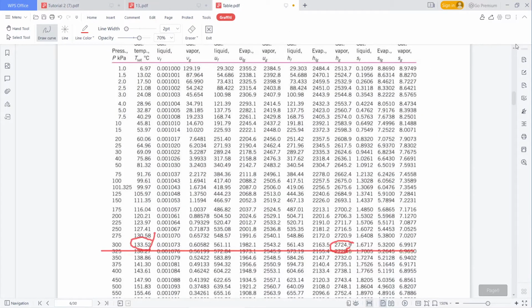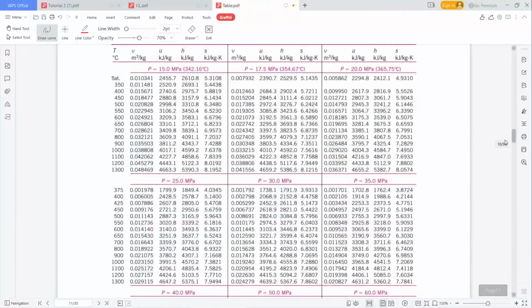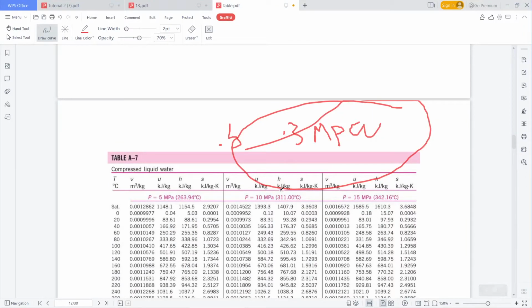So we need to refer to the compressed liquid table. But unfortunately, in this table, the lowest pressure is 5 megapascal. If we convert 300 kPa into megapascal, we get 0.3 megapascal, which is not in this table.